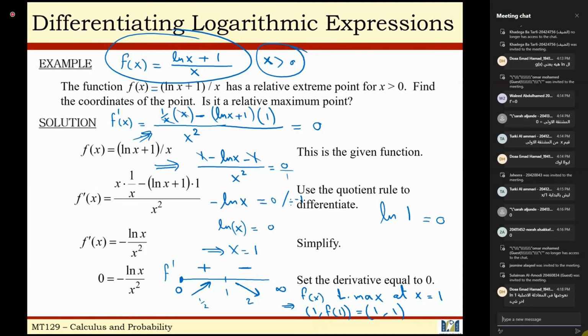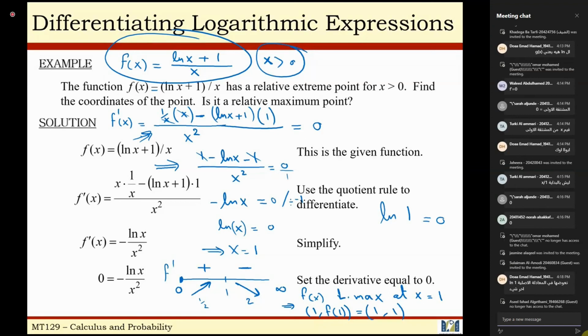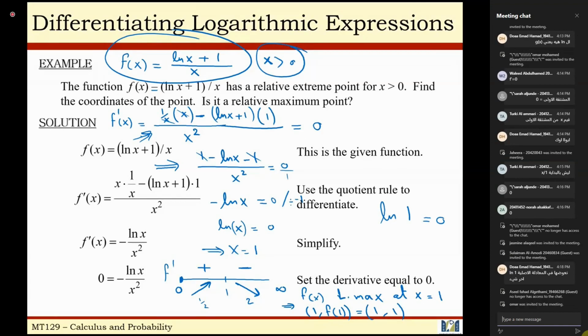When we ask for the maximum, for what? For f of x, not for f prime. F prime is a tool that helps us to find the critical point, where we have the maximum or minimum for which function? For f of x. So if we need to find the maximum value or minimum value, for f of x, so substitute in f of x.